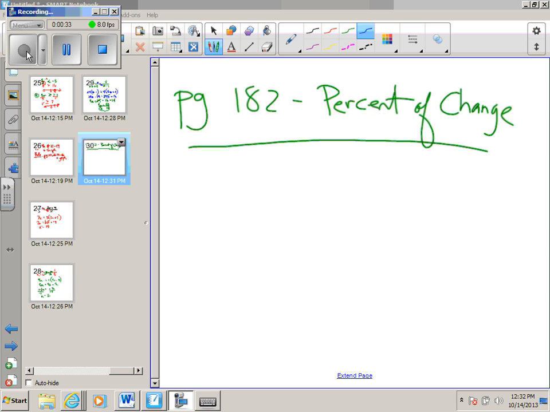When might this be applicable in your everyday lives? When might, say, an original amount be less than what it originally was? Marlia? Yeah, when you go shopping and it was $29.99.